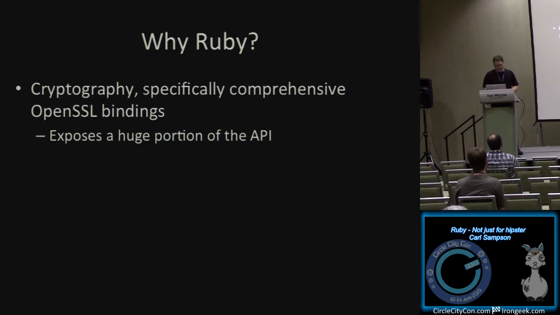One example I used was to write a Ruby app that would go through and check all the ciphers that a server supported, and it was a lot easier to do it in Ruby than other things. It's a module built into Ruby, so it gives you a lot of functionality.